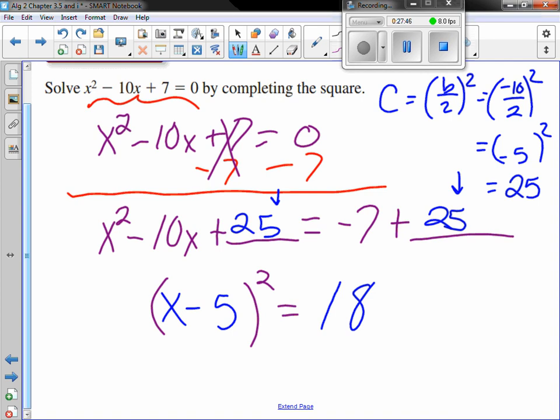Any questions on this here? Any questions on anything we've done so far? So we finished steps 1 through 3, and we've almost finished step 4. We found the perfect square trinomial. Now we just need to solve.